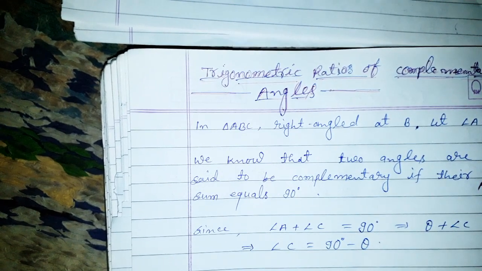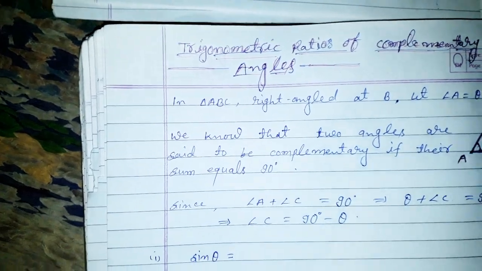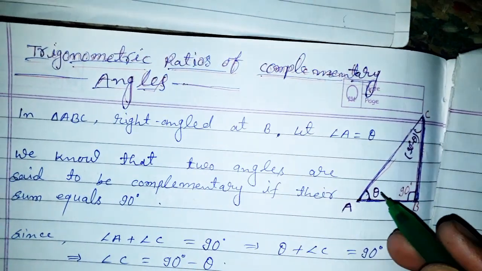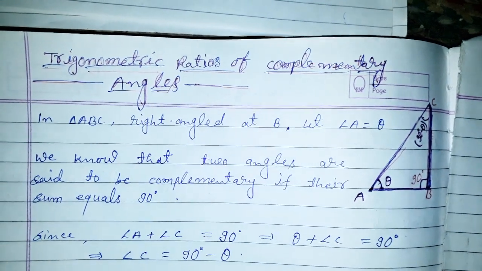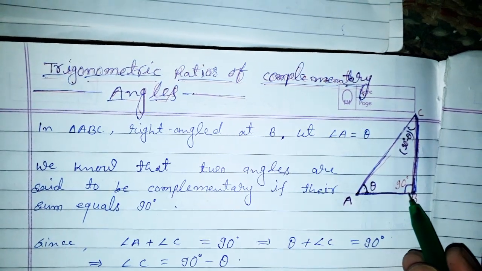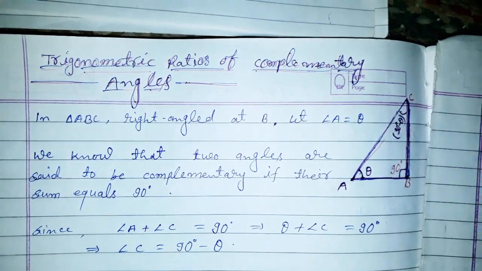Sine is the opposite side to angle A, meaning theta, upon hypotenuse. So here the opposite side is BC and the hypotenuse is AC.